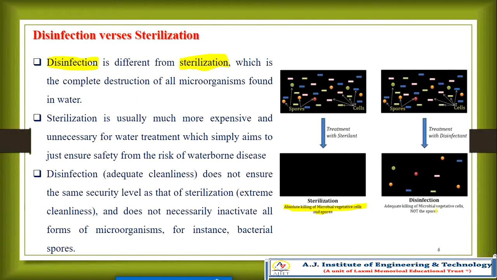Disinfection adequately kills the microbial vegetative cells, not the spores. In sterilization, the spores are also removed, but here disinfection concentrates only on the harmful bacteria.